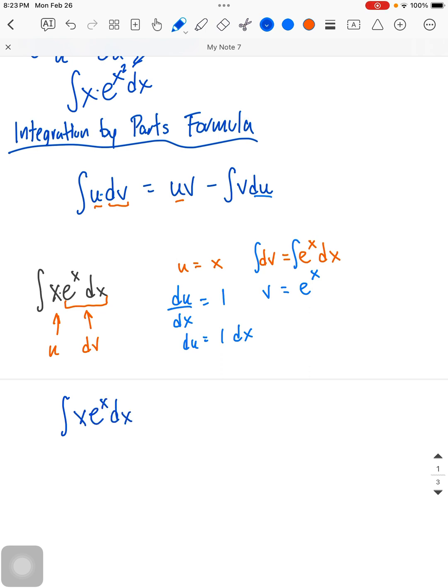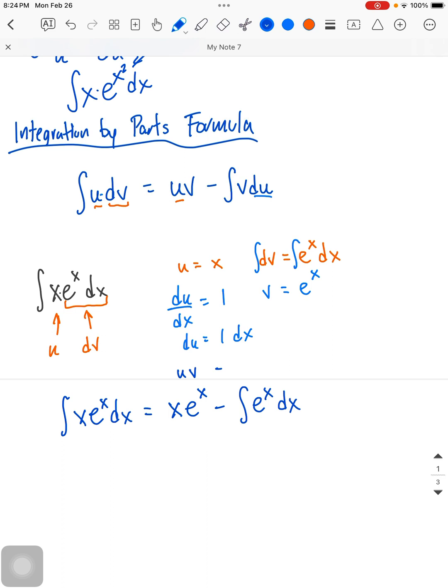So let's see if you can stay along with me, or you can pause the video and try it on your own. But it says that we're going to have u times v, so it would be x times e to the x, right? This is u times v, minus the integral of v du, which would be 1 dx.